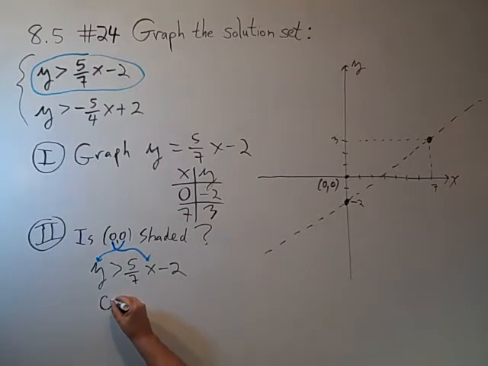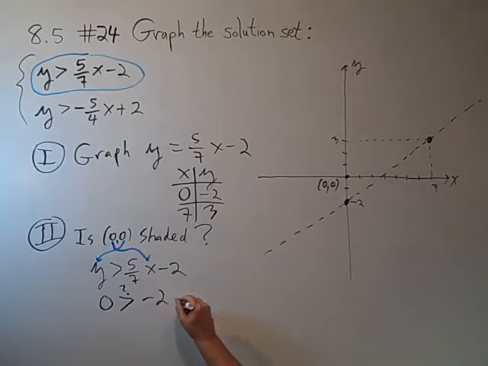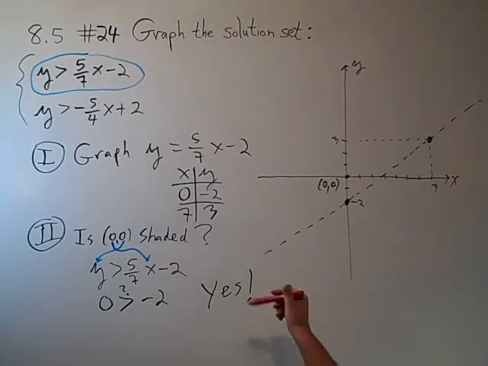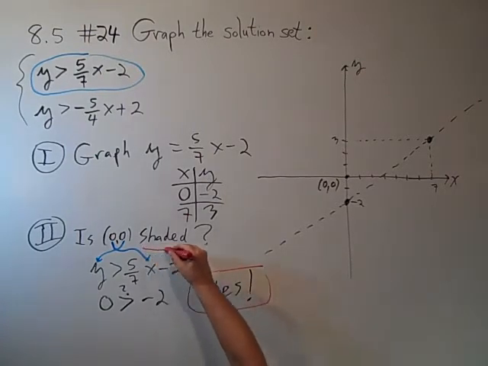Well, we end up with 0, and we wonder, is 0 bigger than 0 minus 2? Yes. 0 is bigger than -2. Therefore, the origin is shaded.